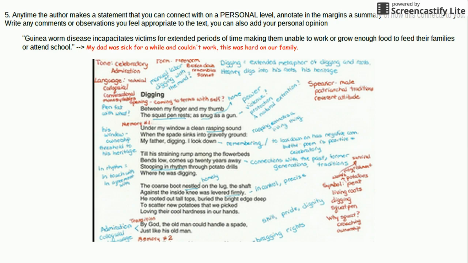So this person was able to relate this to their own personal life by saying, my dad was sick for a while and couldn't work, and it was really hard on our family. So this makes it a lot easier then for this person to remember how this specific disease is affecting other families. So mark up your paper. It should look something like this. Make sure that you're making those personal connections.